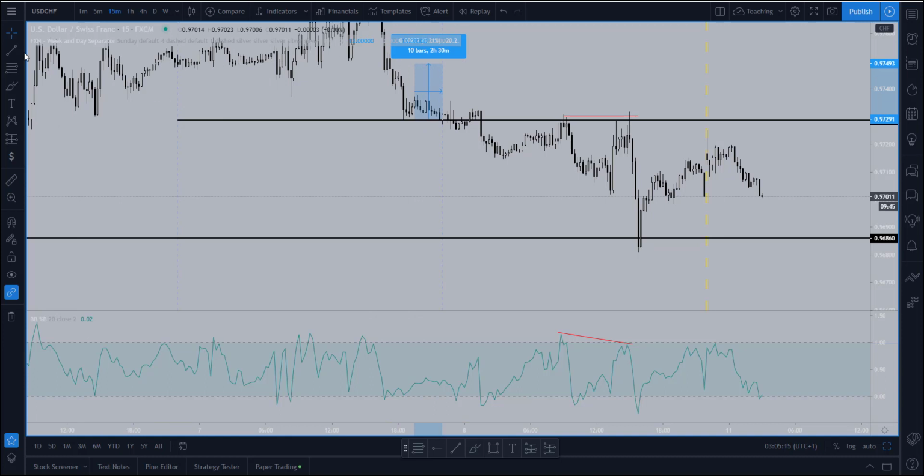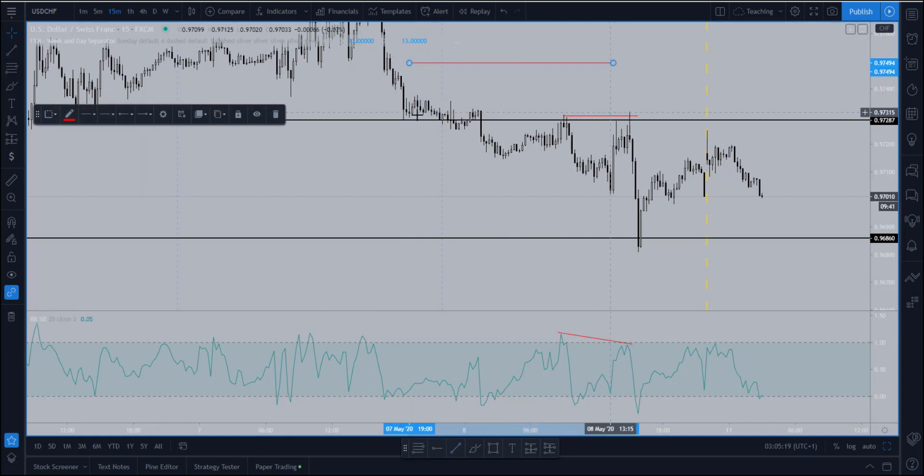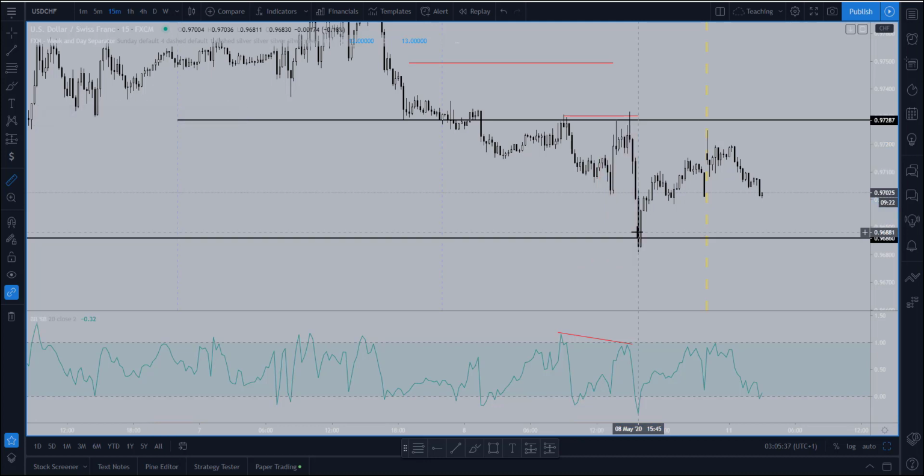Your target is always fixed, so your target would be 42 pips. So 20 pips, 42 pips, that's nice, 2 to 1, and that's it. That's the end of your trade. You don't do anything else.